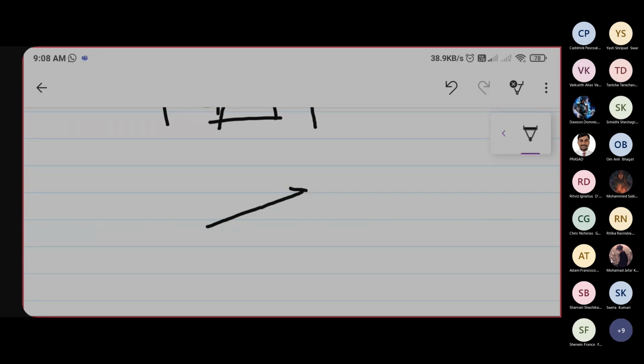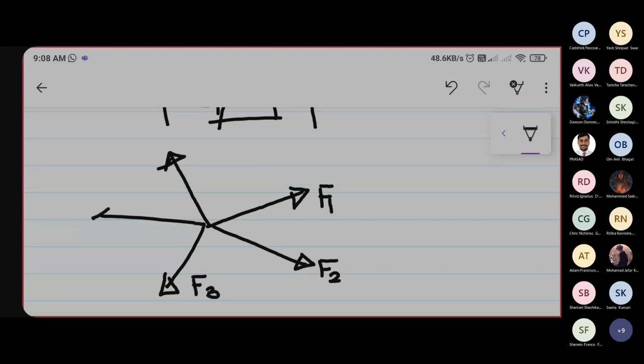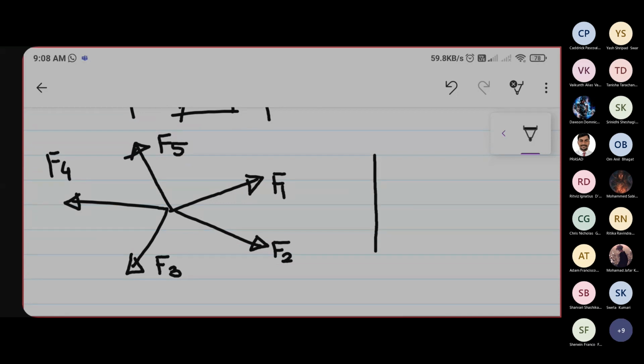Here is another example, like the number of problems we solve. Say there are a number of forces F1, F2, F3 acting at O. When you start solving a problem to find the resultant, you convert all the forces into a two-force system, that is summation Fx and summation Fy.